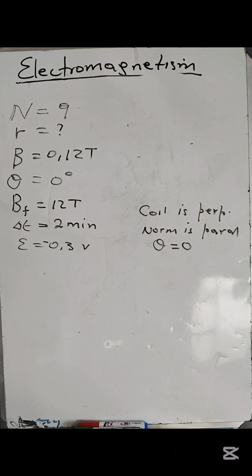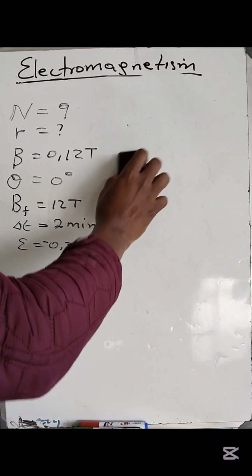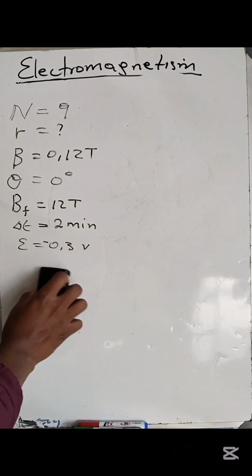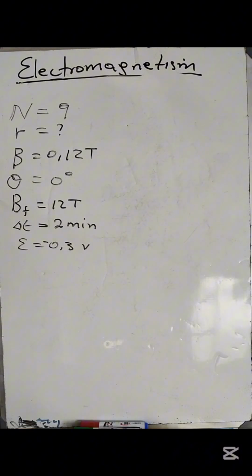The first question says, mention 2 ways in which the induced EMF can be increased. You can increase the number of turns. You can use stronger magnets, that is, increasing the strength of the magnetic field. You can increase the speed of the coil. So any of 3.